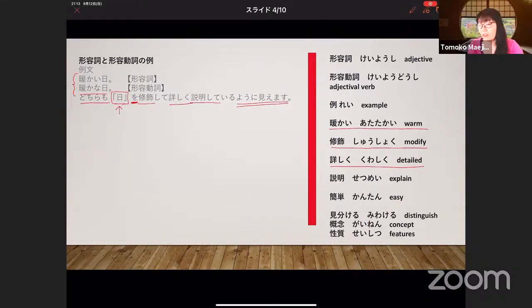Then all of them together, ように見えます, it seems like.